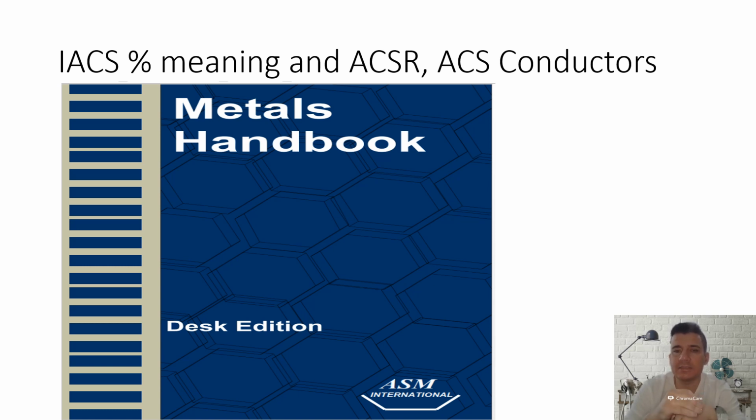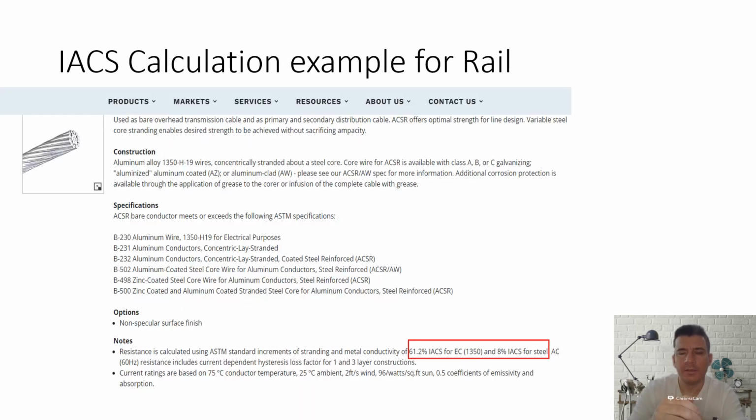In the next slide, let's calculate one of them by using this IACS percentage value, and see the difference between pure aluminum and a transmission line conductor. Okay, we will see. Here, this is the rail conductor.